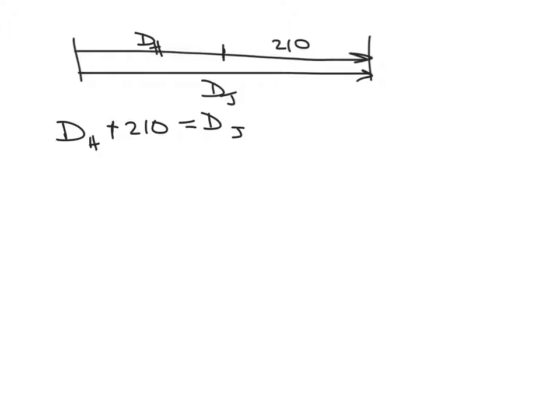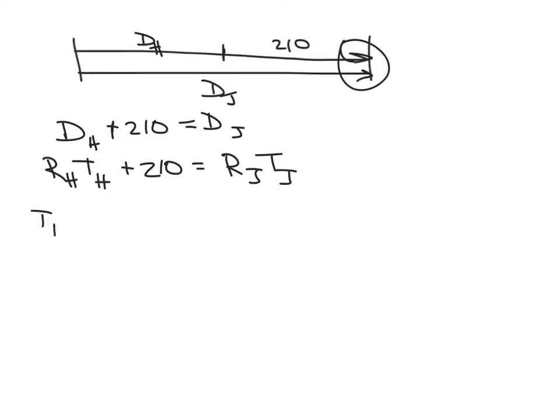Or we're going to write it as RT plus 210 equals RT of Janae. Let's see what information we've got here. Again, our time is the same, so the time of Harry equals the time of Janae. The rate of Janae is 230, and the rate of Harry is 200.